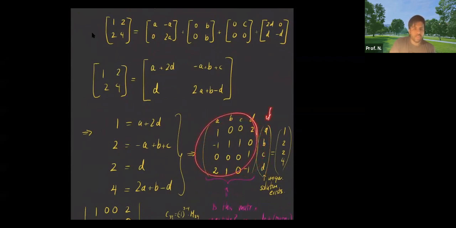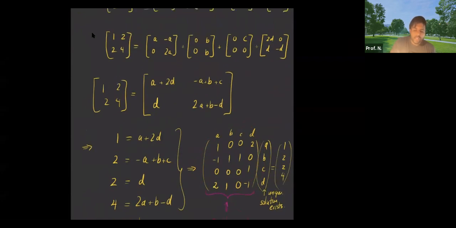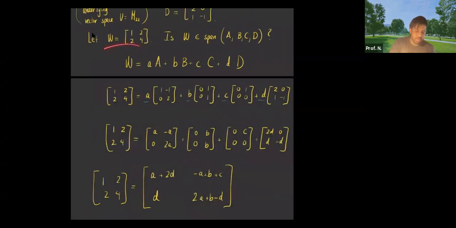If there is no inverse to this matrix, then there is no solution. So let's say this determinant was 0, which would indicate that this matrix is not invertible, which would indicate that the solution to the system does not exist, which would indicate that, let's suppose, this matrix is not in the span of this set of matrices. That's what that other possibility would be.